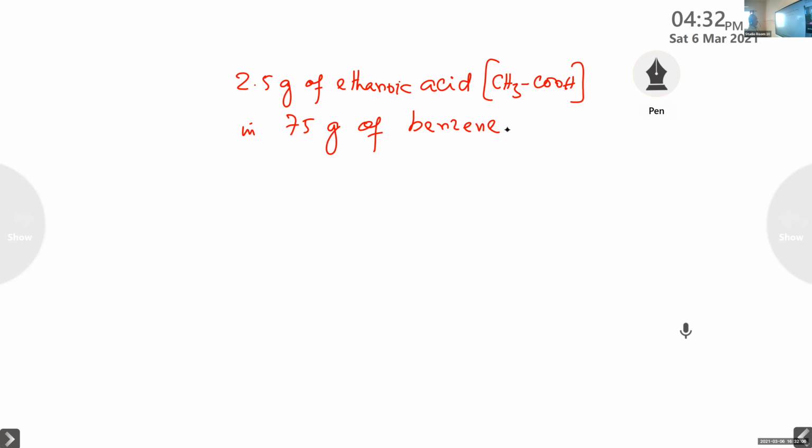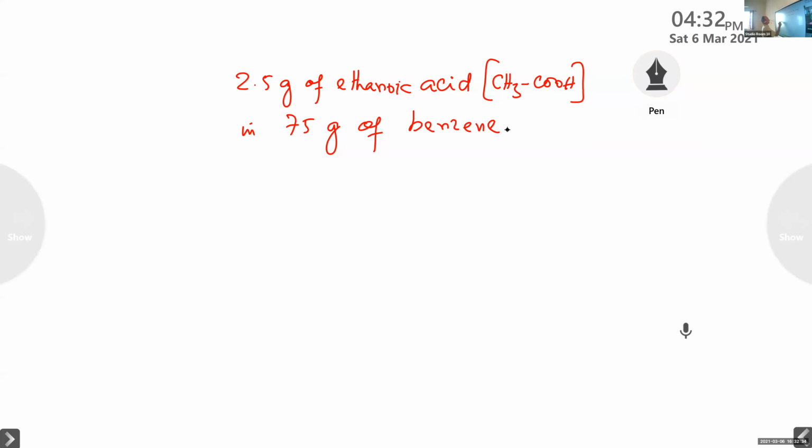So we have a solution of ethanoic acid in benzene. The mass of the solute, ethanoic acid, CH3COOH, is 2.5 gram. The mass of the solvent, benzene, is 75 gram. We have to calculate the molality.